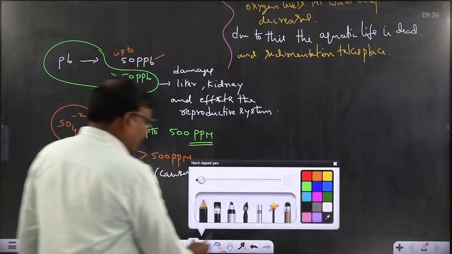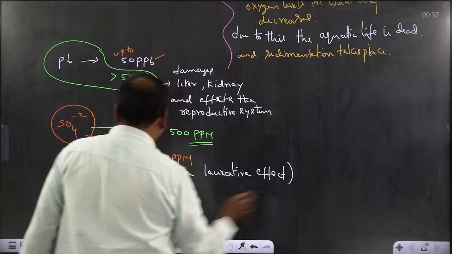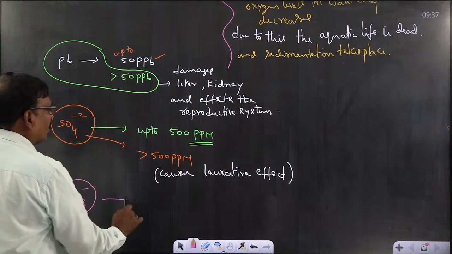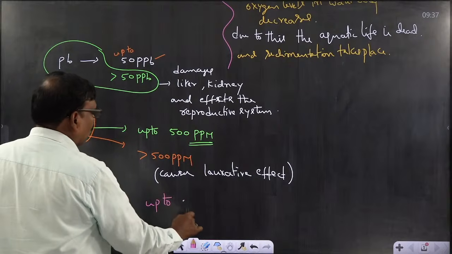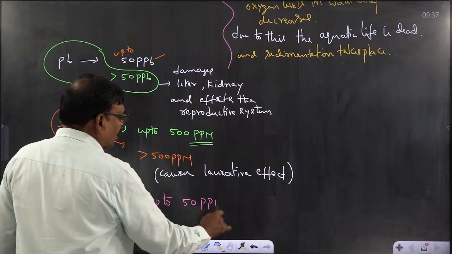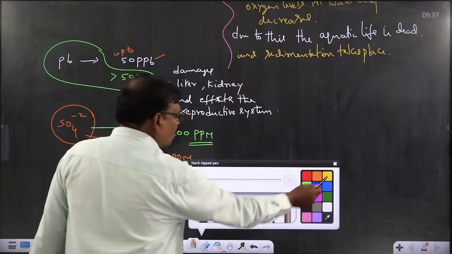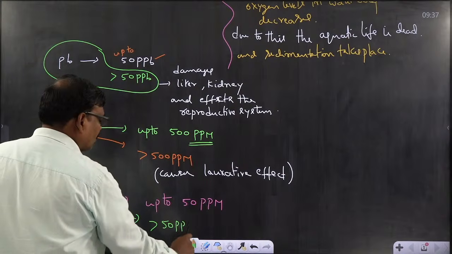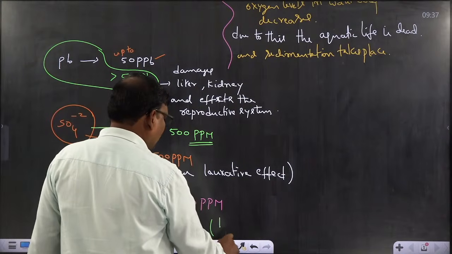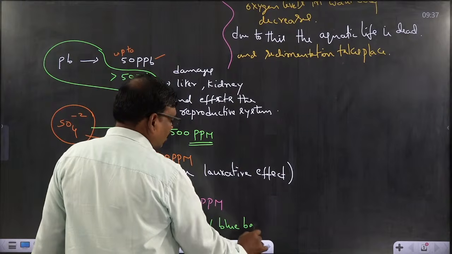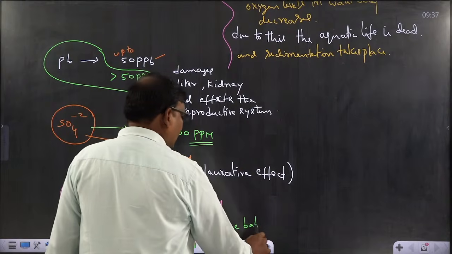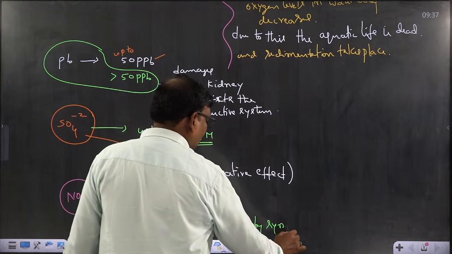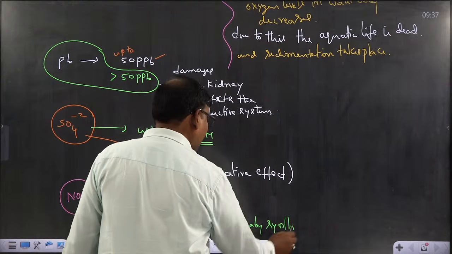And one more important thing, nitrate ions. The permissible level of nitrate ions in water is only up to 50 ppm. If the level crosses more than 50 ppm, it causes blue baby syndrome, also called methemoglobinemia.